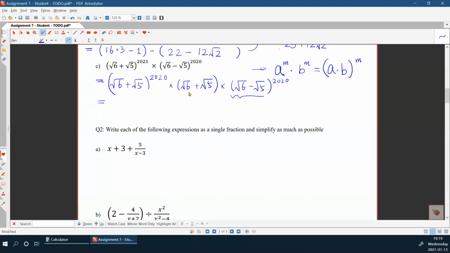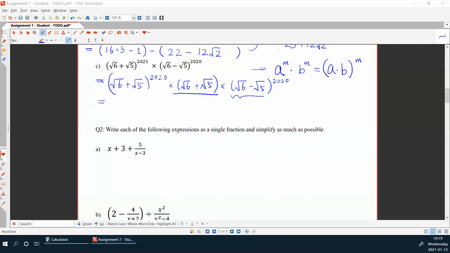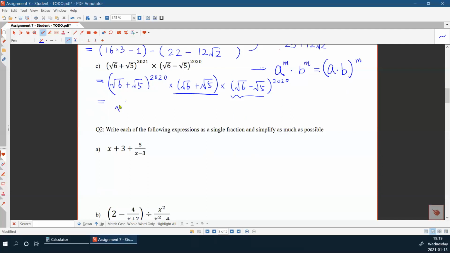And then, according to the commutative law, we can put this term in the front, right? The commutative law says we can put this number in front, and then times this one, times this one.